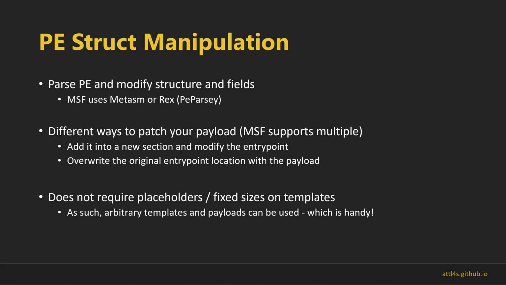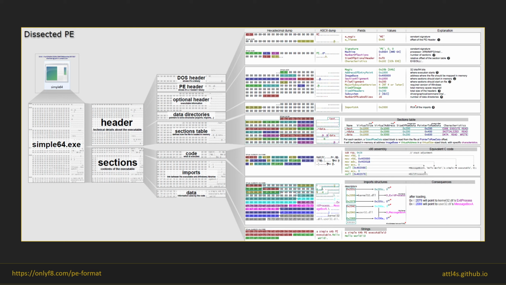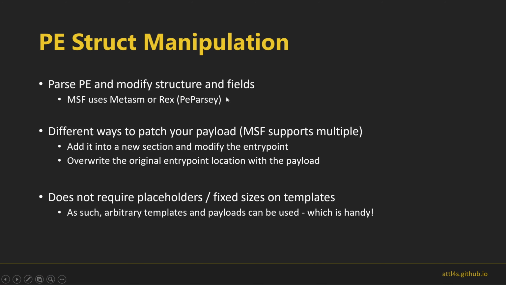And then we have the other method, the PE struct manipulation. This one is based on the fact that PE files have a format and have different sections. Metasploit has some functionality to parse PE files, and the idea of this technique is I have a parser, I can parse the PE template, create a copy of that template, and modify the copy to add new things.